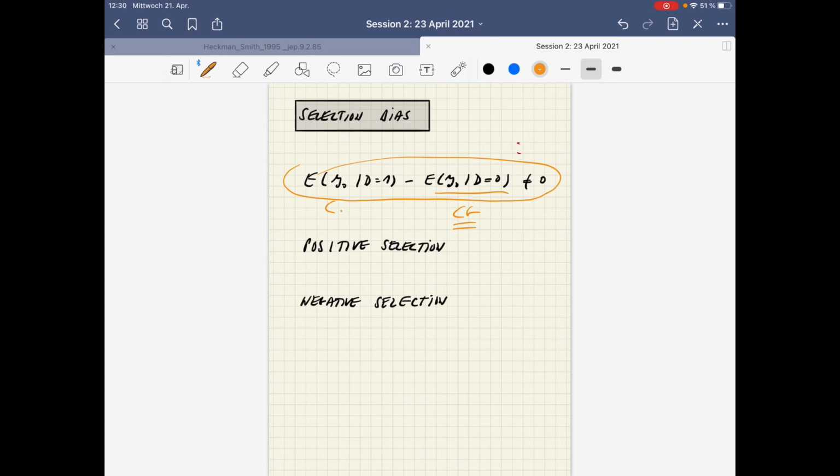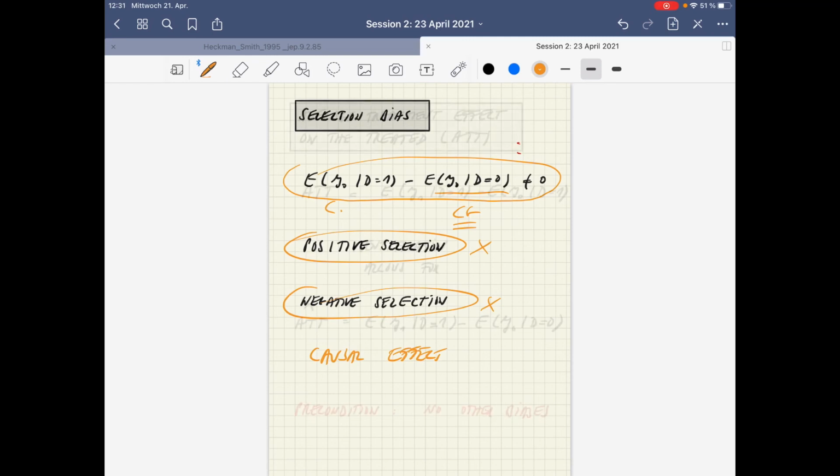If the selection bias is positive, then there's a positive selection into the treatment group, and if there's a negative selection, we have a negative selection into the treatment group. And in order to estimate the causal effect, we have to get rid of the selection bias, or in other words, we have to get rid of positive selection or negative selection.